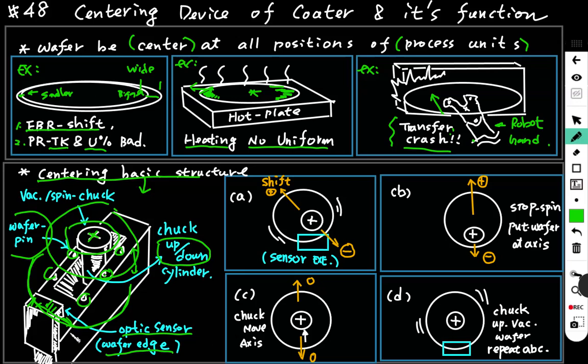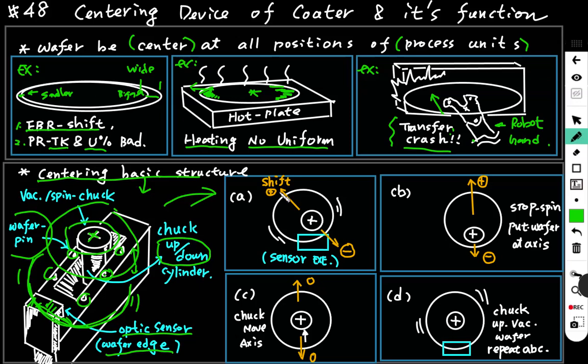Then the chuck spins slowly, and the position and the direction of the wafer edge can be recorded by the optic sensor. Then the optic sensor keeps in memory the wafer shift condition.